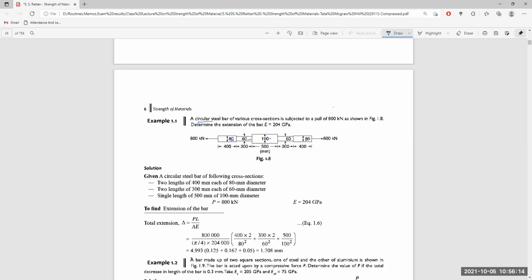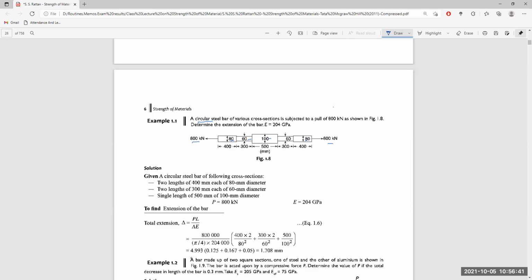So it has 5 different segments of different cross-sectional area or different diameter. Now it is loaded like this. It has only one load here, 800, and only one load here, 800. There is no multiple load, but there are multiple cross sections: 80, 60, 100, 60, 80.